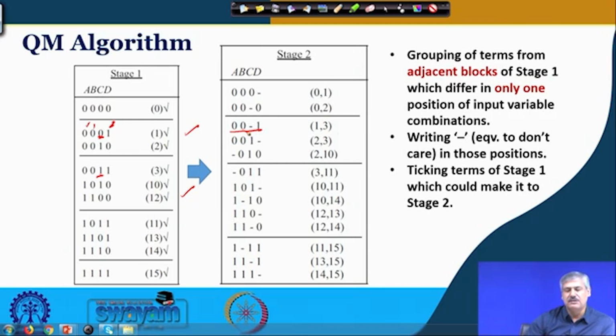Again the physical significance is the same, that for A, B and D 0, 0, 1 respectively, C whether 0 or 1, there are 2 min terms available in the truth table. Okay. So, similarly, this 2 and 3 can be combined, 2 and 10 can be combined. So, this is what we can see.